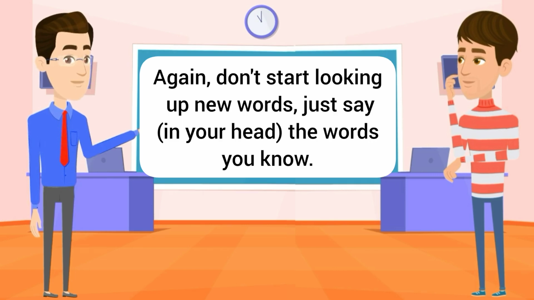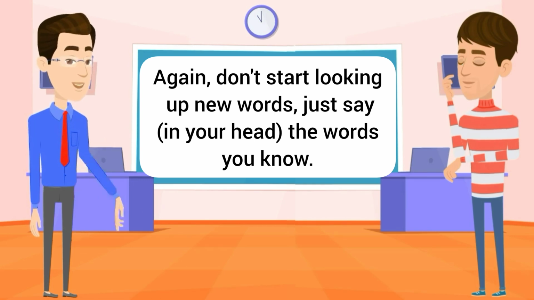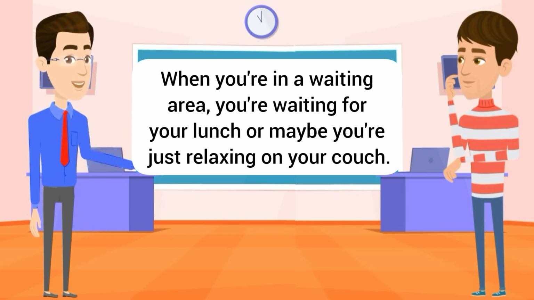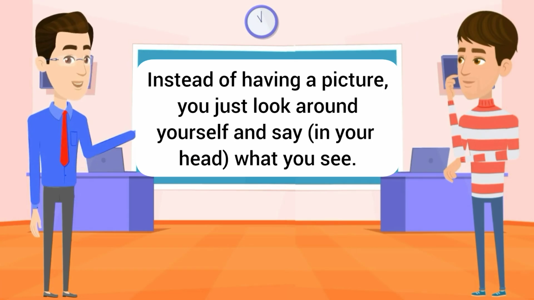Again, don't start looking up new words, just say in your head the words you know. You can do this whenever you have a minute or two of dead time. For example, when you're in a waiting area, you're waiting for your lunch or maybe you're just relaxing on your couch. Instead of having a picture, you just look around yourself and say in your head what you see.